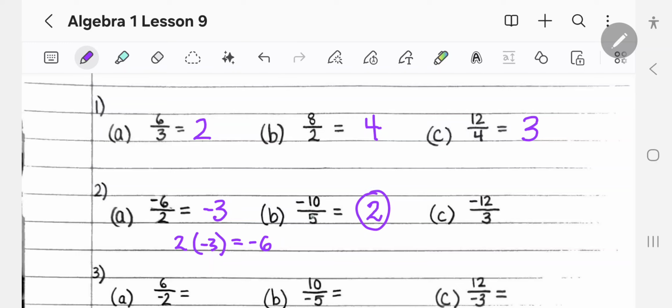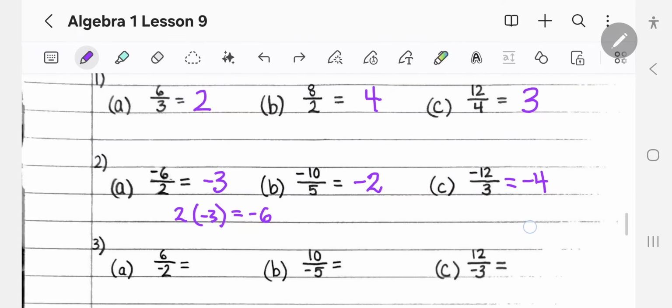Well, if this times this has to be negative 10, then I know I'm going to need to put a negative here. And then over here, negative 12 divided by 3 is going to be 4, and it's going to have to be a negative because negative 4 times 3 would give me the negative 12. We're going to generalize these rules, but right now I'm just talking about how you can feel certain that that's the right answer.